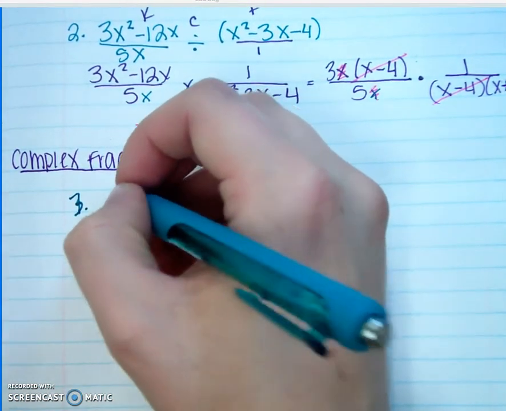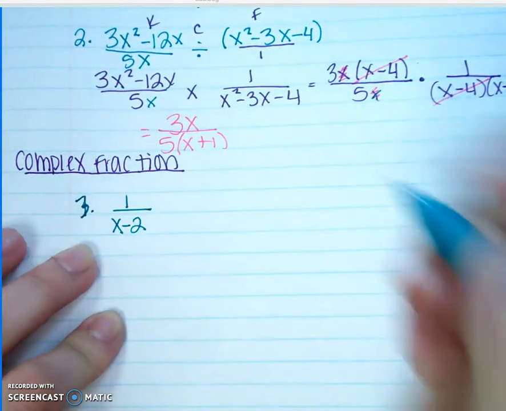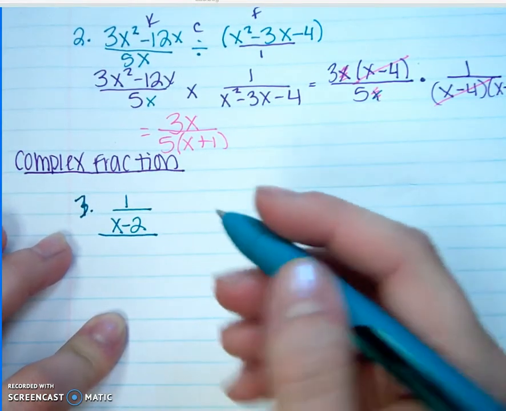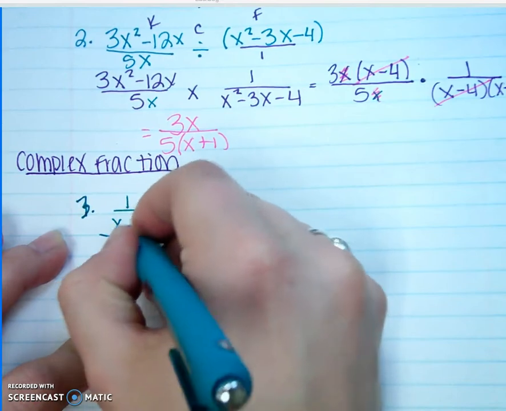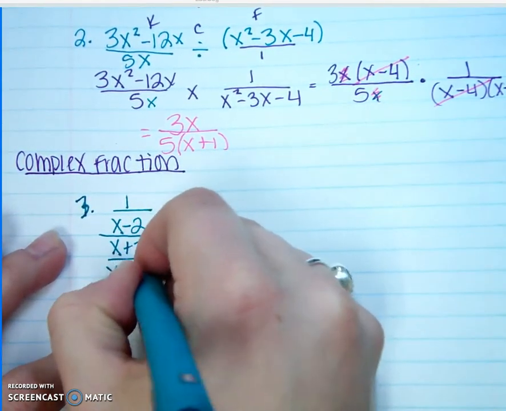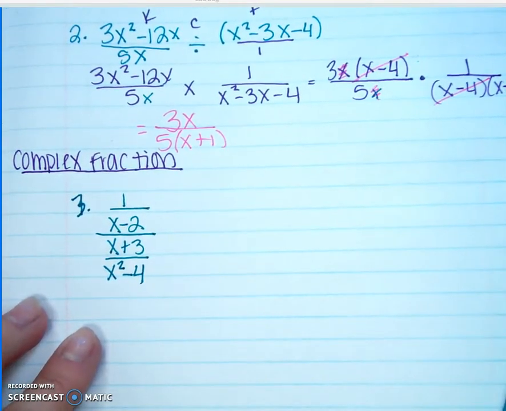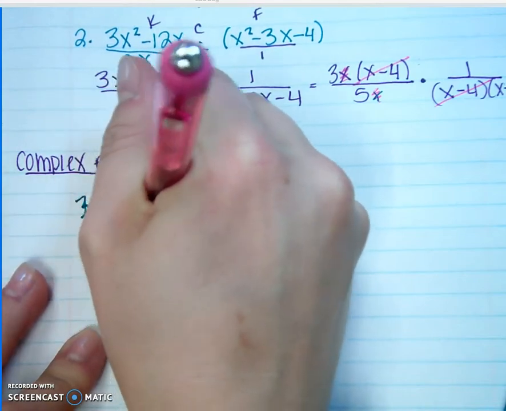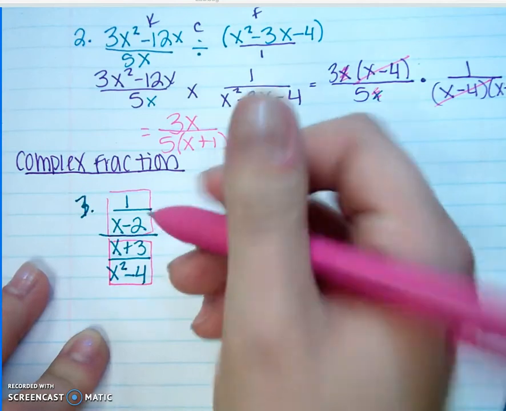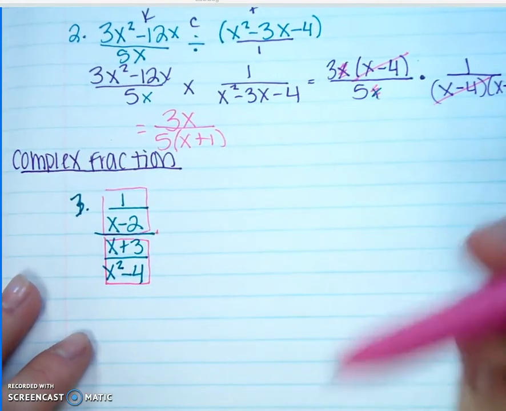We have 1 over x minus 2 over, or divided by, x plus 3 over x squared minus 4. So essentially I have a fraction here and a fraction here, and the operation between them is division. So that's what I'm going to do.